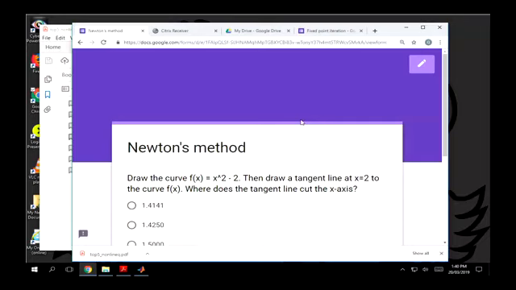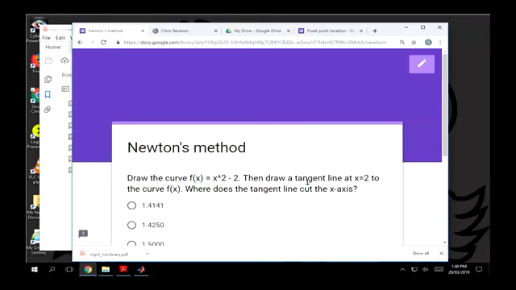Now, suppose you draw a simple curve, f of x is x squared minus 2. Then you draw a tangent line to the curve at x equals 2. Then you find the intersection of the tangent line and the x-axis.